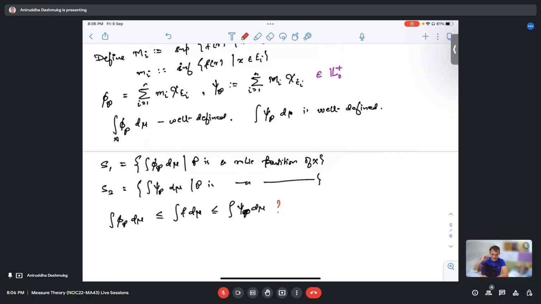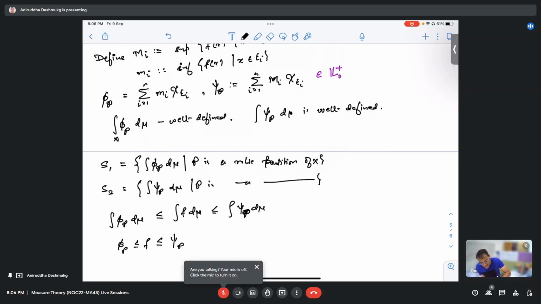Can I say that this integral of phi_P is less than the integral of f and it is less than the integral of psi_P? No, not because of infimum and supremum. See, phi_P is always less than or equal to f, and f is less than or equal to psi_P.